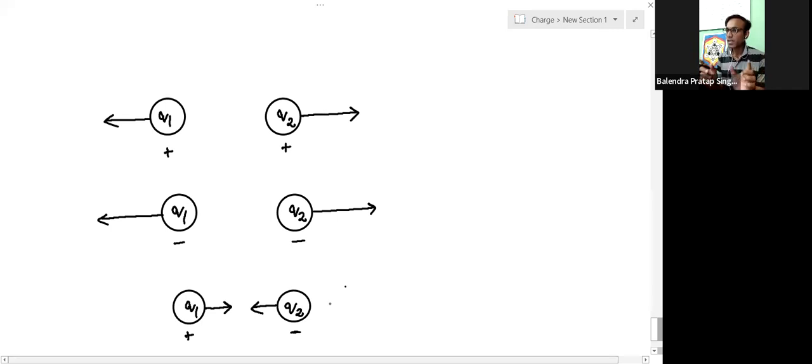In the first case they are repelling, in the second case repelling, in the third case attracting. So they are applying some kind of force. What amount is this force? How can we find the force between these two bodies which are repelling and attracting each other?